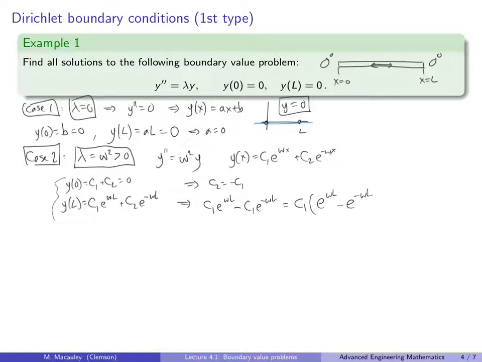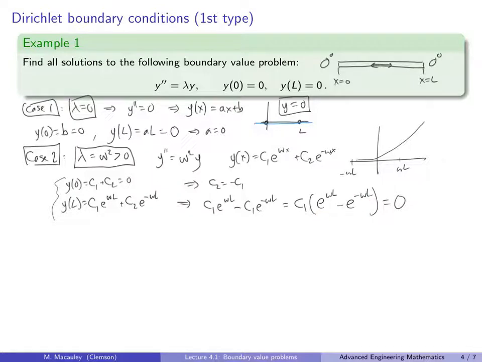Now, if we graph this, an exponential function looks like that. So if omega L is some positive number, and you look at negative omega L, that's a negative number. There's no way that these things are going to be equal. e to this number is never going to be e to the negative of that number.